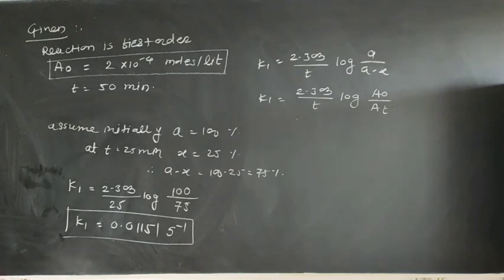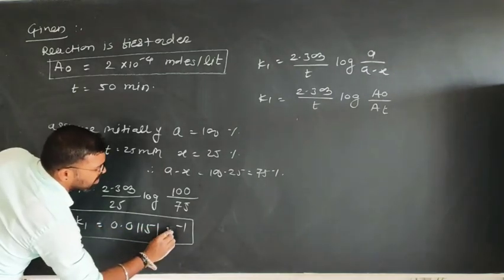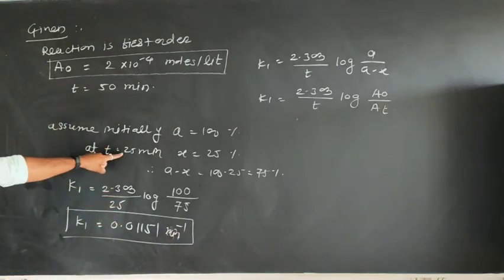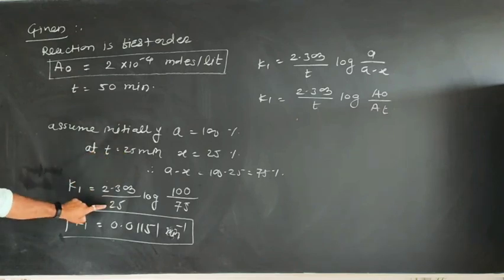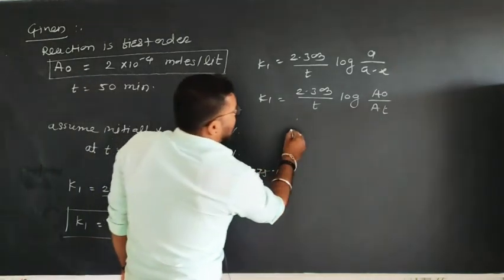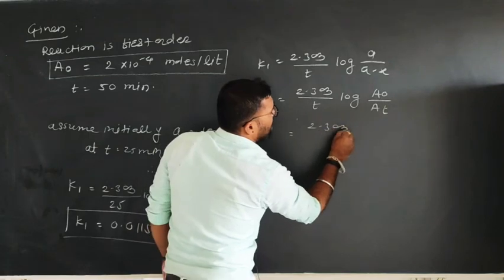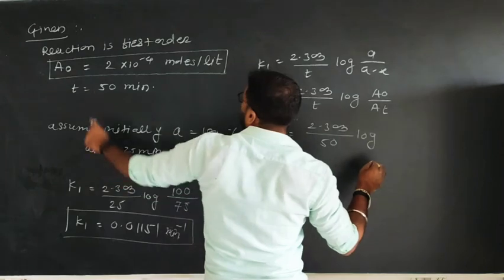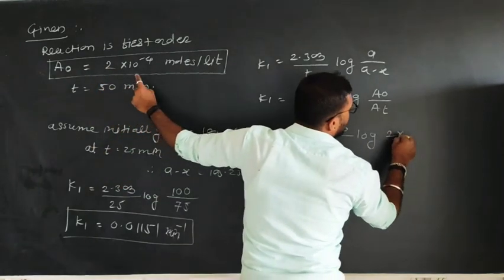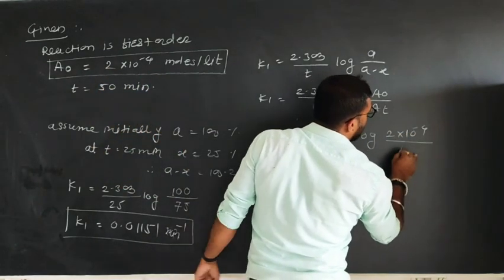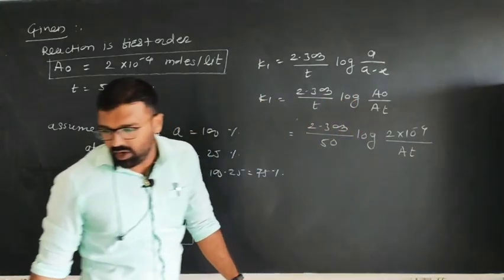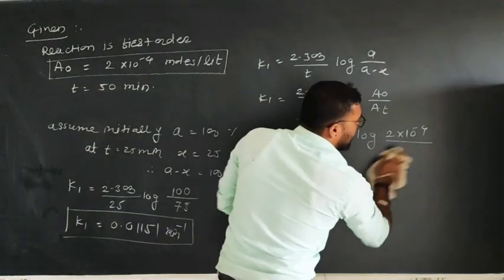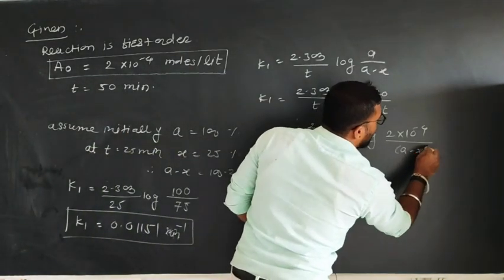Okay, I think here the unit is minute inverse, not second, because we are taking time in minutes. Then K equals 2.303 upon 50 minutes logarithm A0. What is A0? 2 into 10 raised to minus 4 moles per liter. What will be the At? That means A minus x. Instead of At, you can write A minus x.